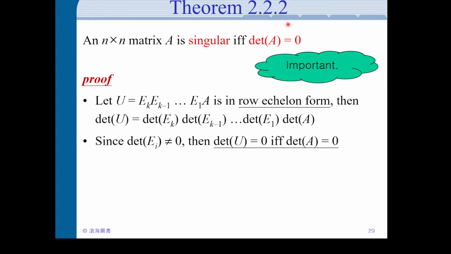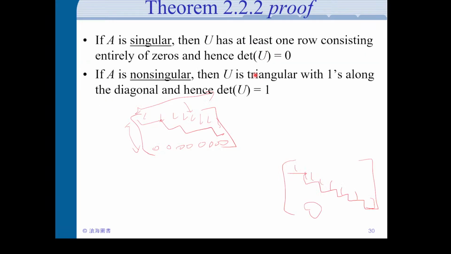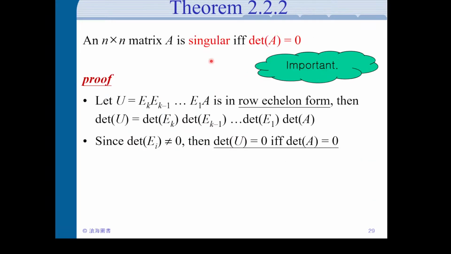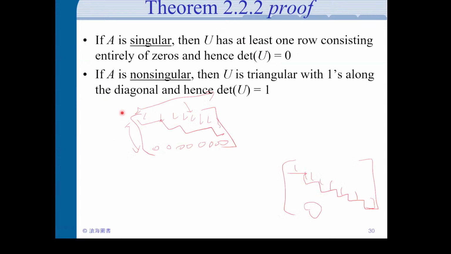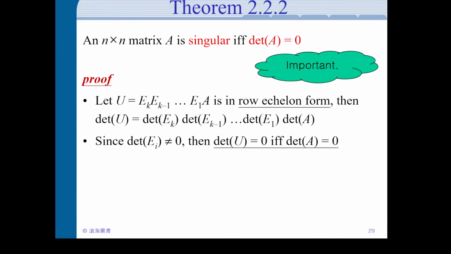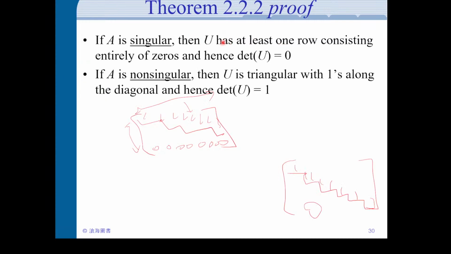So now we can change this condition to the determinant of U equal to 0, and we want to prove that A is singular if and only if the determinant of U equals 0. There are two directions, so I guess we go in both directions, the same direction but with negation. If A is singular, or A is not singular. If A is singular, then what happened?